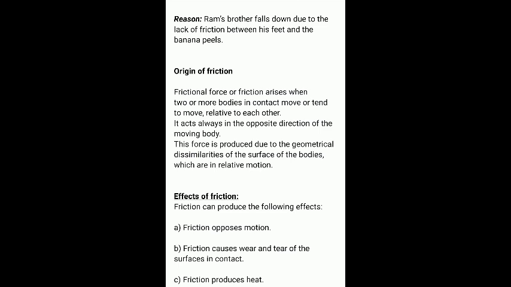Because of this opposition to the motion, it will always create some wear and tear. It damages the surfaces in contact. Then, because of that motion and opposition, some heat is produced. So these are the effects of friction.